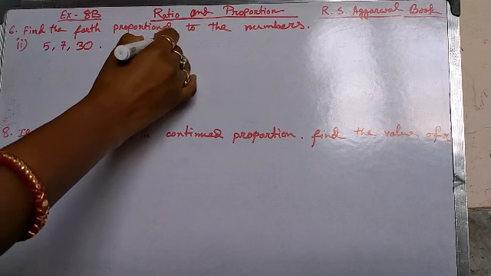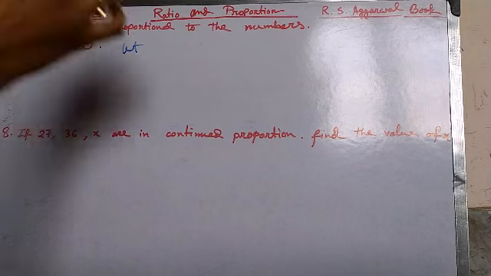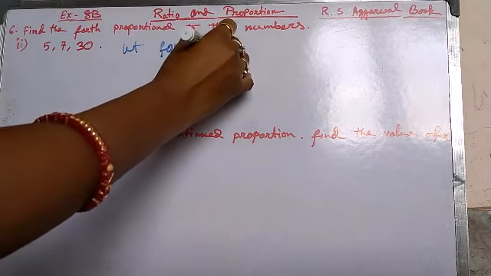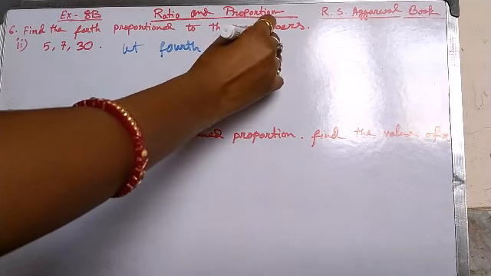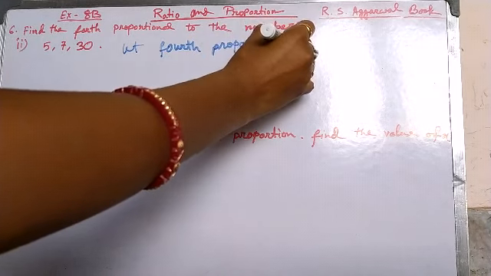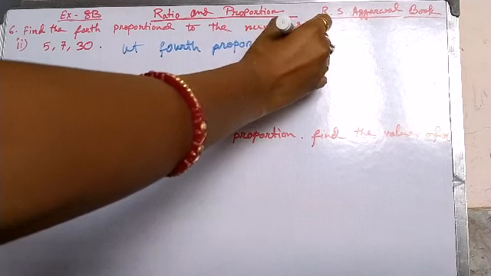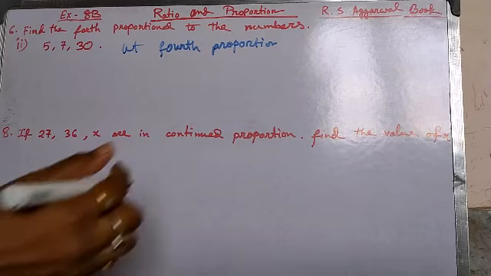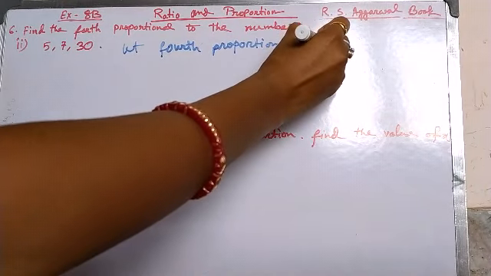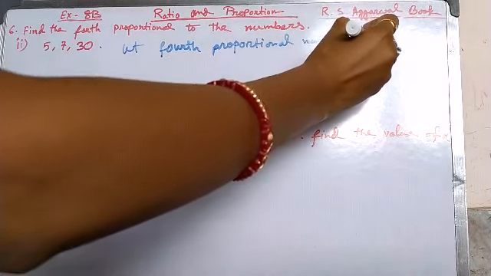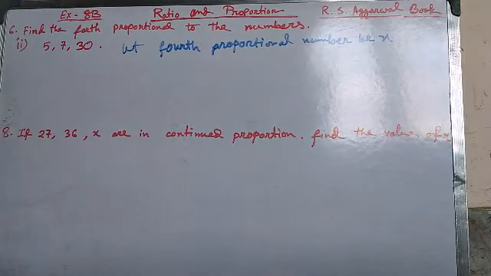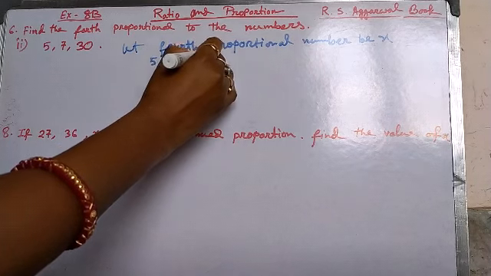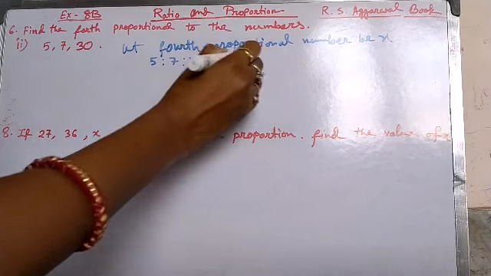Let the fourth proportional number be x. Then it will be 5 is to 7 proportion to 30 is to x.